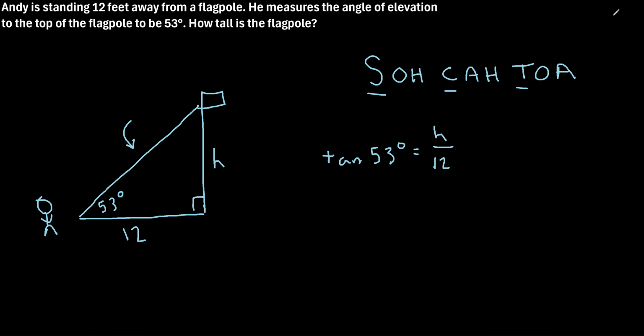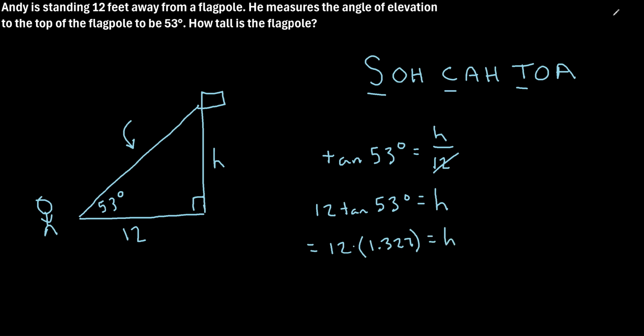Well, we can start by multiplying both sides by 12. So we can say 12 times the tangent of 53 degrees. And when we multiply this right-hand side by 12, this 12 in the denominator goes away and we're just left with H. So H is going to be equal to 12 times the tangent of 53 degrees. Well, it turns out if you punch the tangent of 53 degrees into a calculator, you'll get about 1.327.